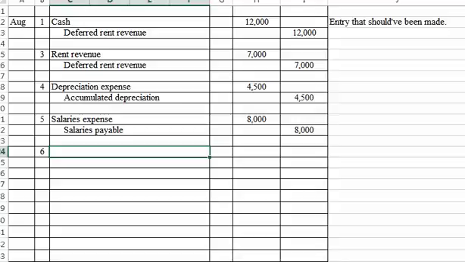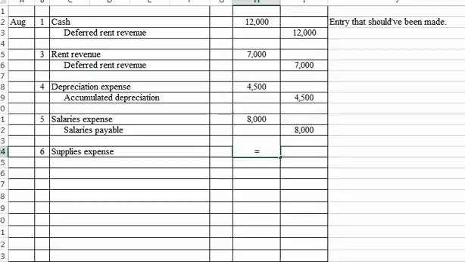But the cost of supplies that have already been used, all the benefits in the past, their cost becomes supplies expense. So we want to increase the supplies expense balance for the cost of supplies used during the year. Well, how do we get that from what they gave us?